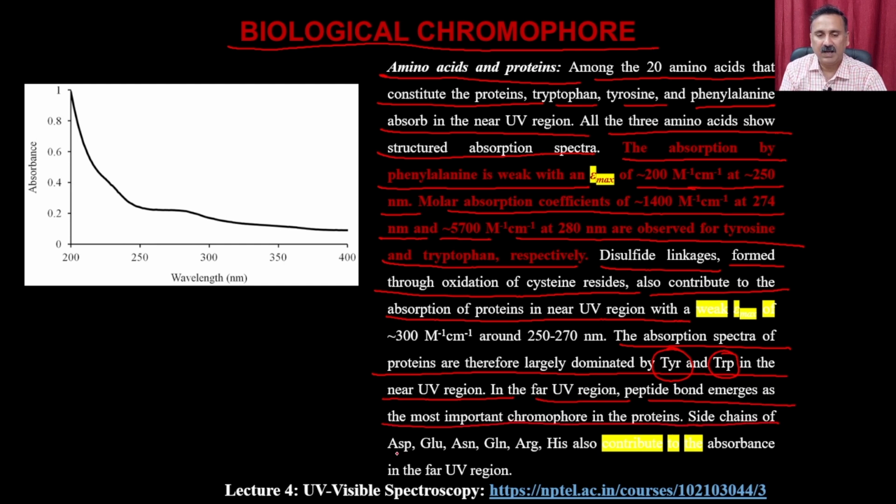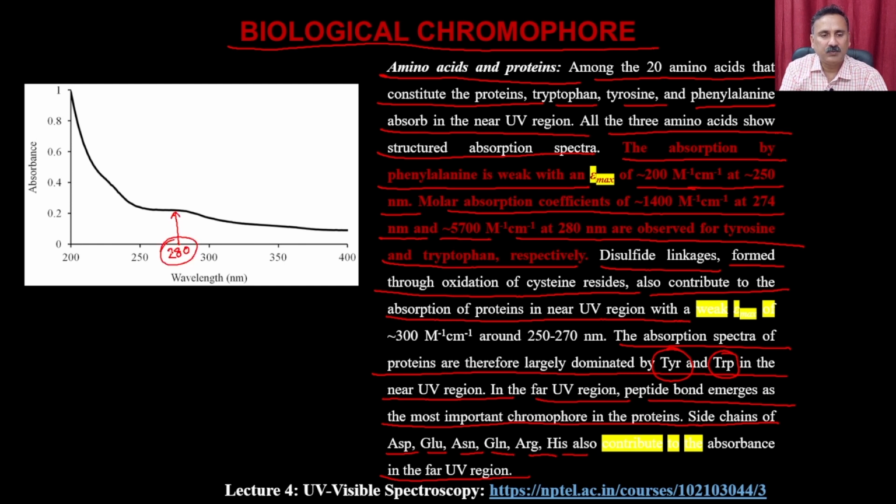Side chains of aspartate, glutamate, asparagine, glutamine, arginine, and histidine also absorb in the far UV range. What you see here is an absorption spectrum of a protein, and it shows a very intense peak at 280 nanometer.